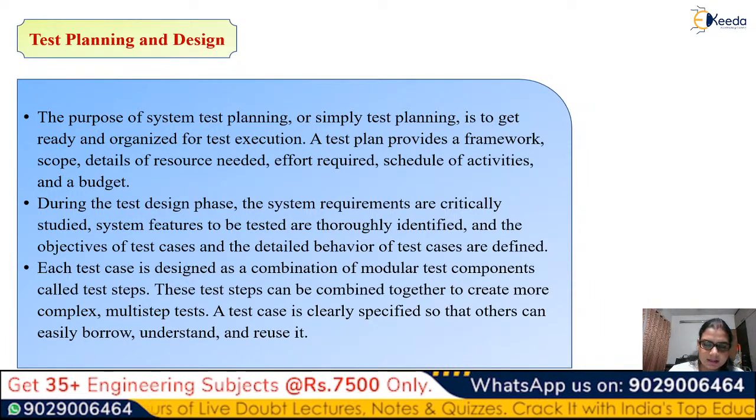So a test case has, first, modules, the name of the module which is to be tested, then the type of testing used, the inputs that you have entered in the modules, then the expected value and actual value, and then a remark: pass or fail, satisfied or not satisfied.